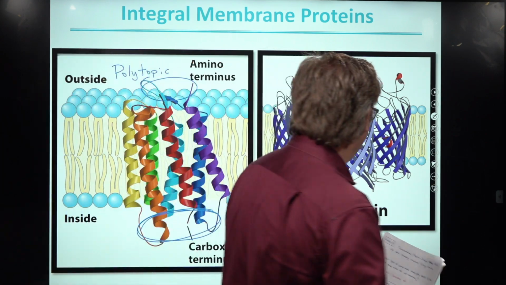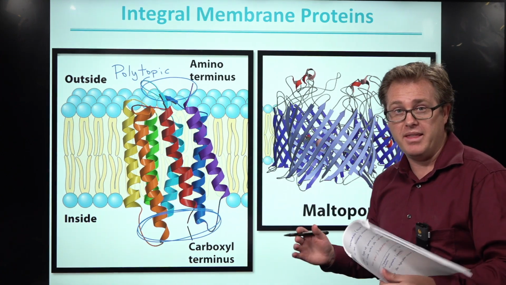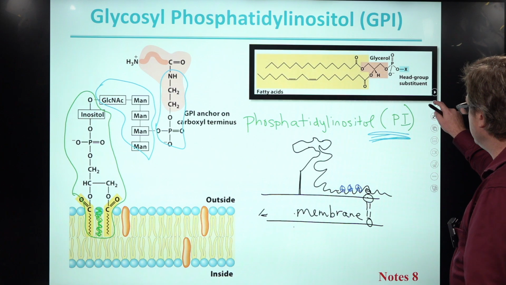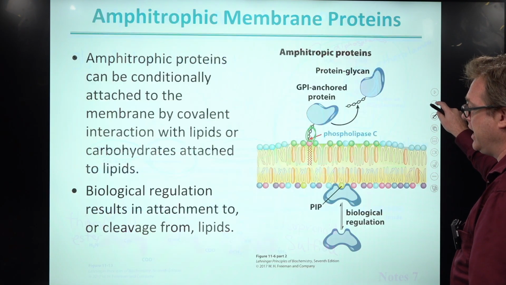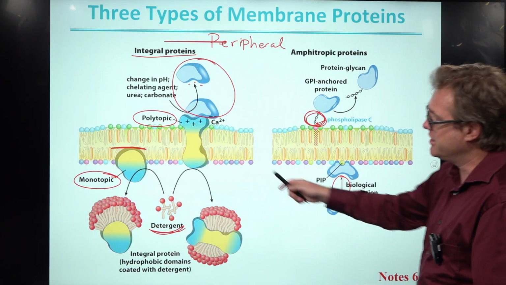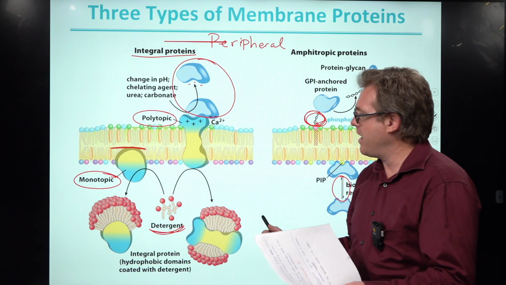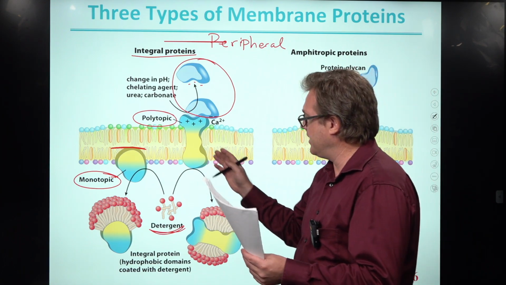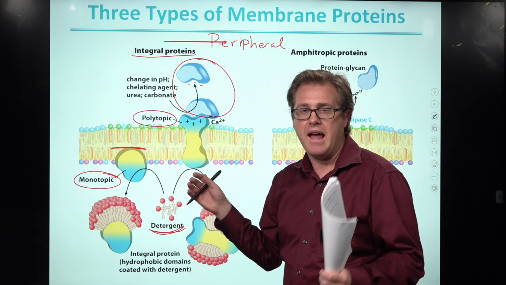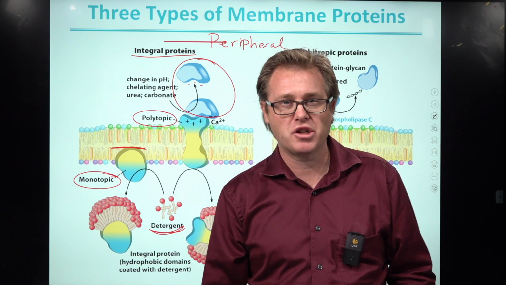So the major point that I want to make with this slide is when you look at other integral proteins right here, we're representing it as a blob. And I want you guys to understand that these blobs right here have secondary, tertiary, and quaternary structure.